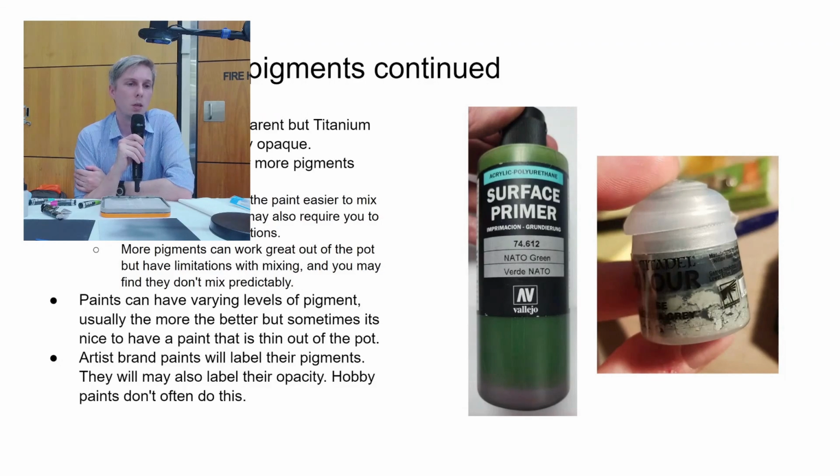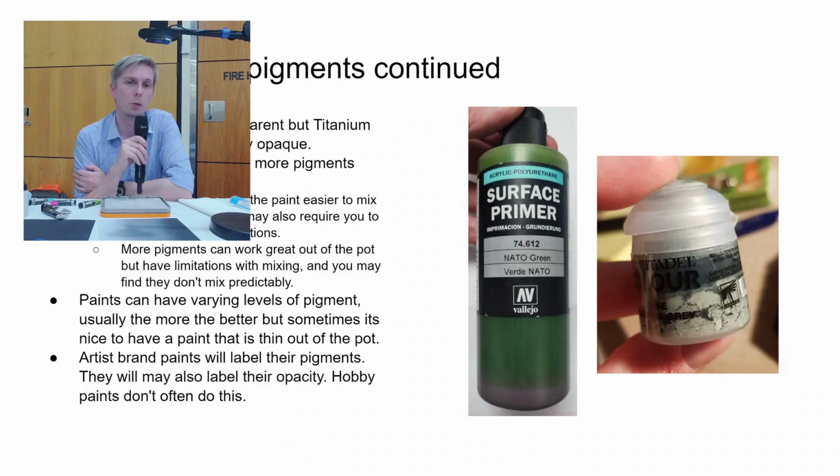A good example is yellow, which is famous for being hard to coat with. Yellow paints are pretty translucent in their nature. So we need to add other colors to make it stick, I suppose, or make it cover better.